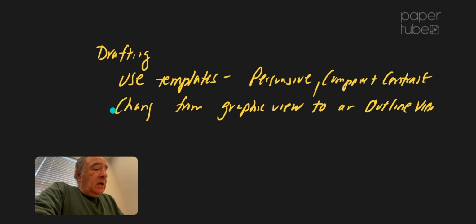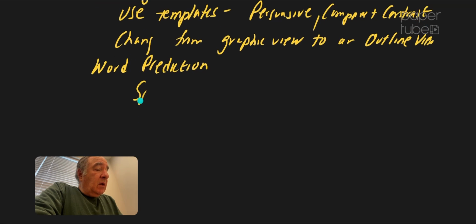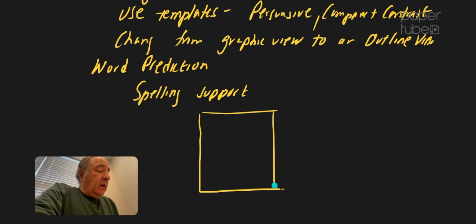For students that need support for spelling, students can use word prediction applications, and again, this can be used for spelling support. And it might look something like this. So the student's using a word processor.